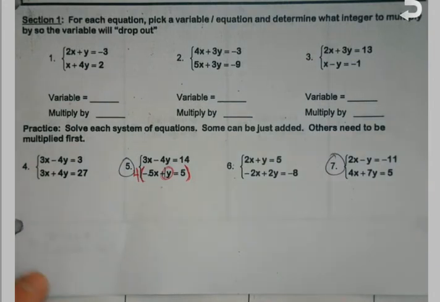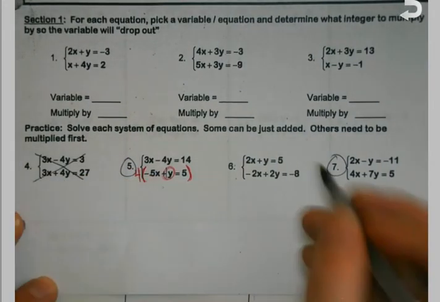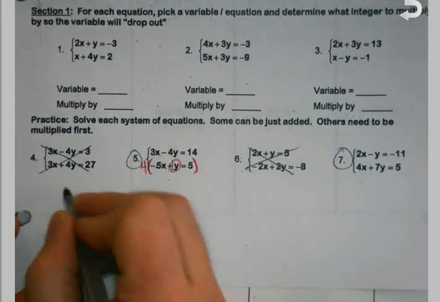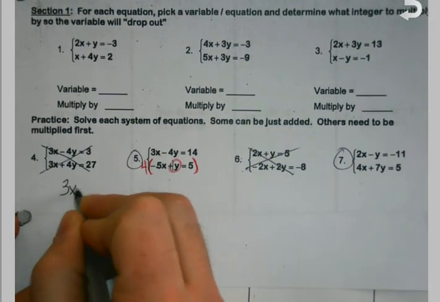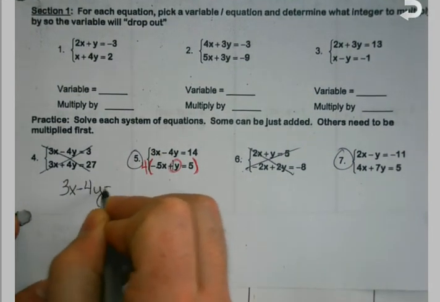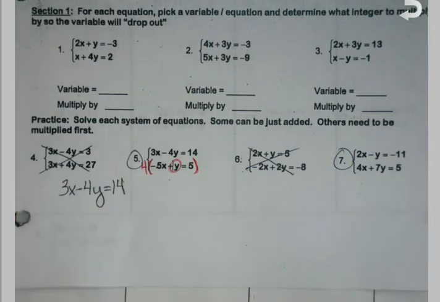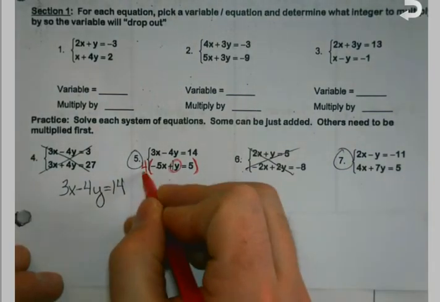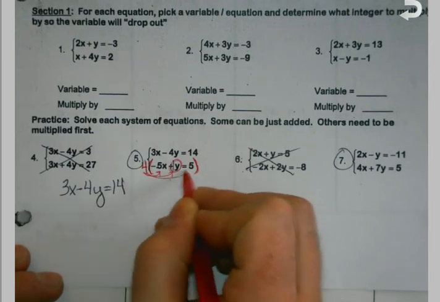So since we got some room over here, I'm going to kind of cross these two out, and I'm going to start working over here. So notice I'm not doing anything to my top one. So I'm going to leave that alone. But my bottom one, I'm going to multiply all the way through by 4.